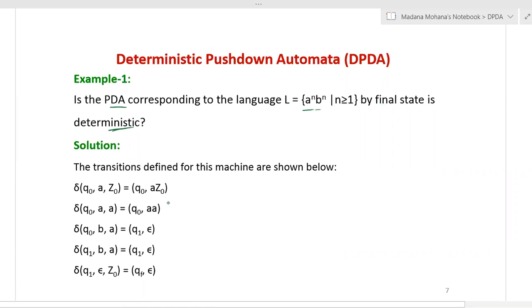After obtaining the PDA, by seeing the moves or transitions of the PDA, you can check the two conditions of the deterministic PDA.